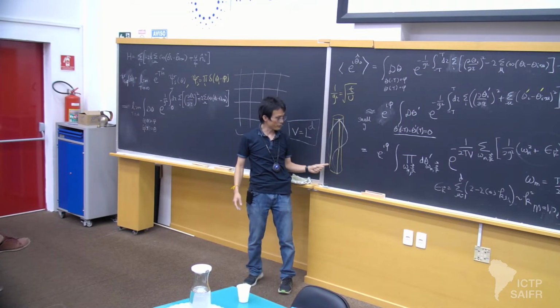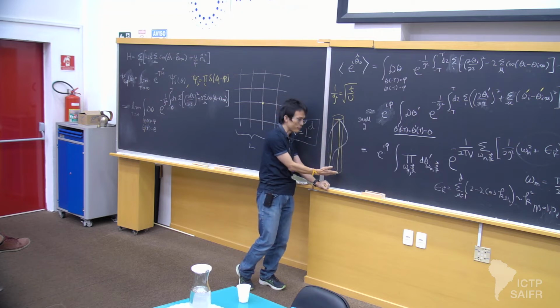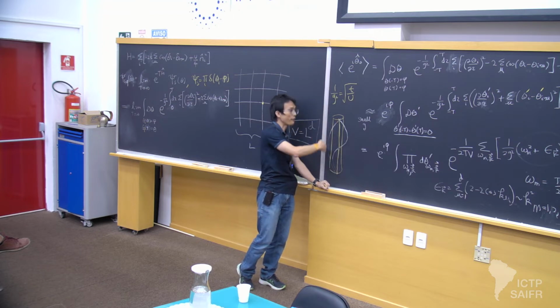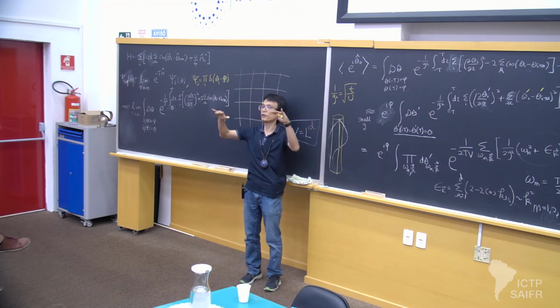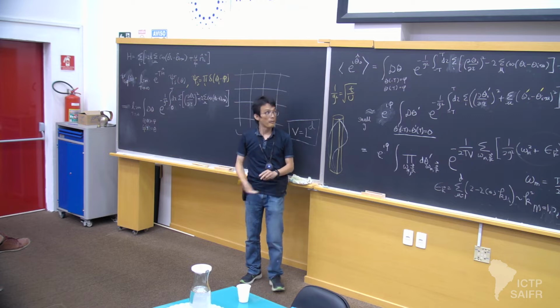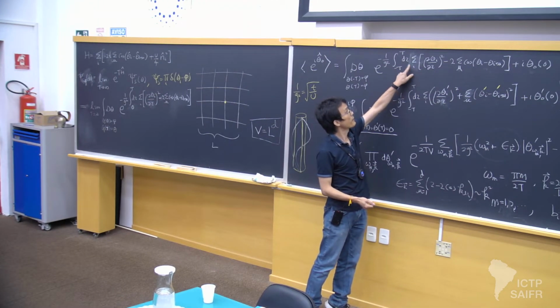And for a certain frequency mode, the m equals 1 mode, you start from 0 and then you do a half oscillation, so everyone fluctuates together. But the action itself is a sum over space and time, right?